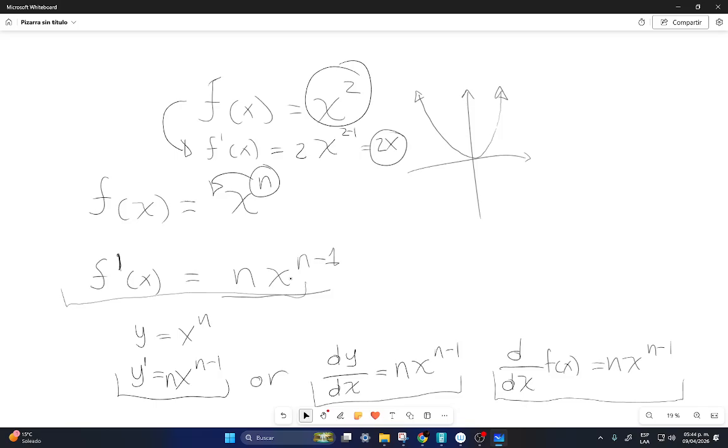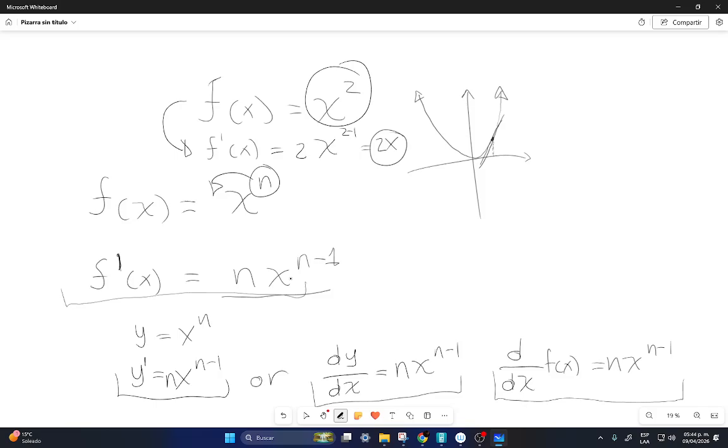Okay, what is it useful for? Well, as I said before, it allows you to calculate the gradient of tangent lines to this curve. So let's imagine that we want to calculate the gradient of the tangent line to this, but we need to know which point it is.